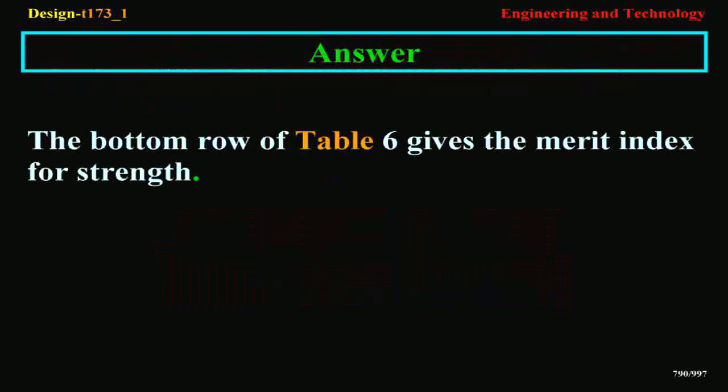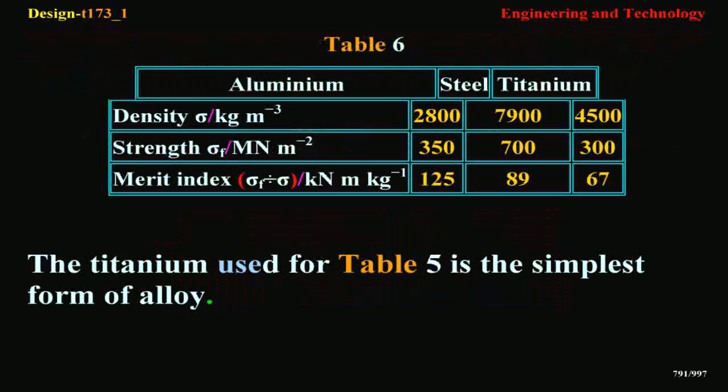Answer. The bottom row of Table 6 gives the merit index for strength. Table 6: aluminum, steel, titanium; density, kg/m³: 2800, 7900, 4500; strength σF, MN/m²: 350, 700, 300; merit index σF/ρ, kN·m/kg: 125, 89, 67.